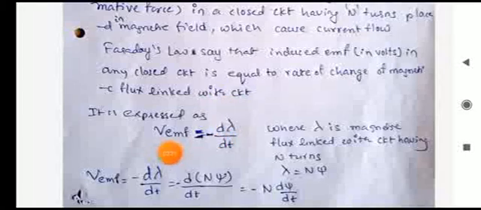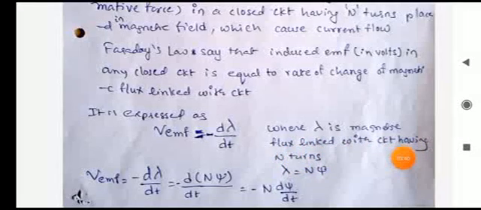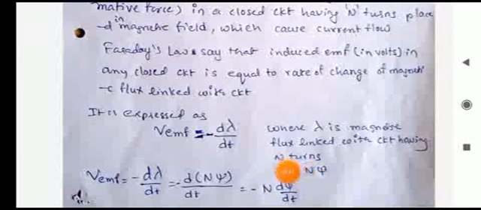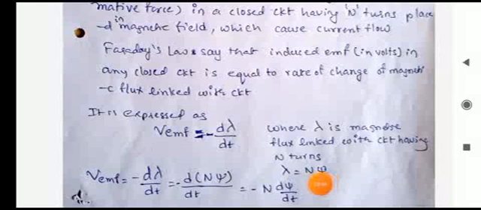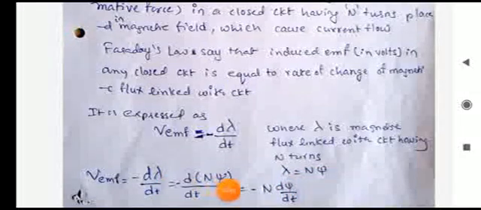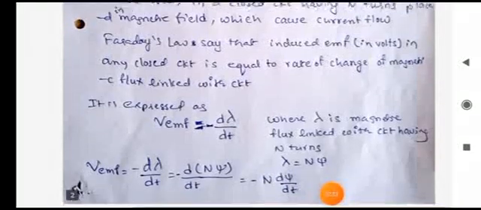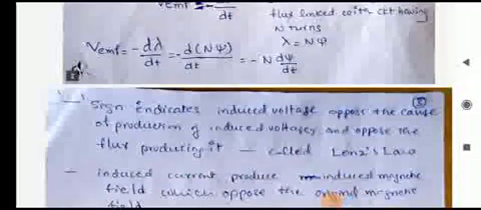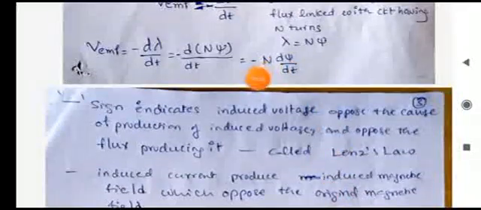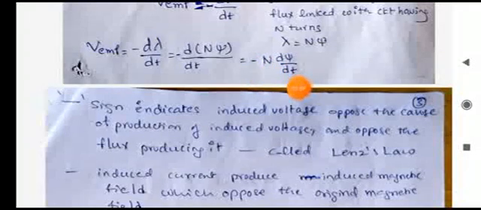So EMF is equal to minus d lambda by dt, where lambda is the magnetic flux linkage of the circuit having N turns, so lambda is equal to N phi. Substituting N phi in place of lambda, you get minus N d phi by dt. So this is the EMF formula.